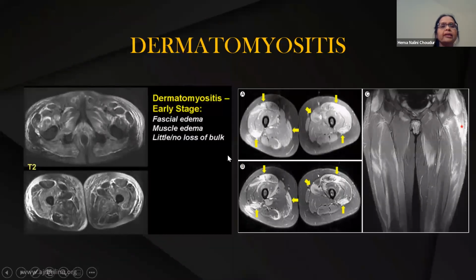Now we know that in collagen vascular disease of dermatomyositis, you can get subcutaneous edema, fascial edema, intramuscular edema in the early stages with no significant loss of bulk of the muscles, but it is bilateral, and mostly it is in the proximal muscles. You can get extension to the calf as well, presenting with calf and proximal pain, but it is a symmetrical pathology.